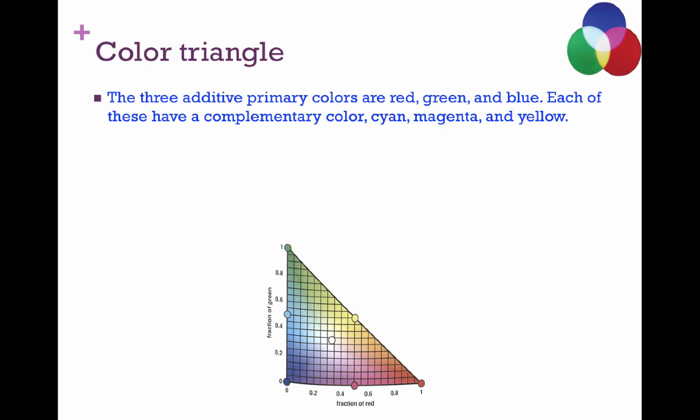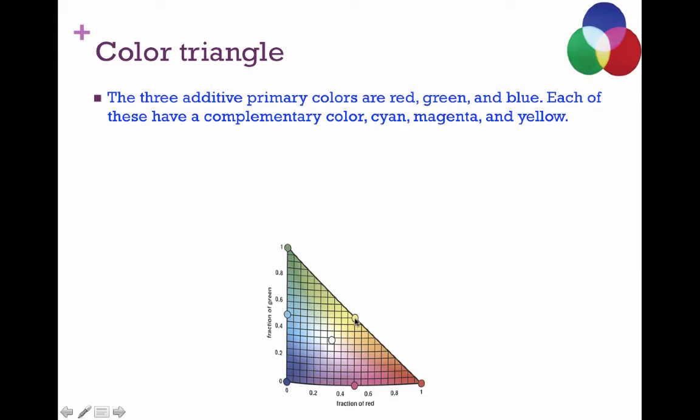Right, so the language we're going to be using primarily to discuss additive color mixing is the color triangle. And we know that the three additive primary colors are red, green, and blue. So the color triangle has red in one corner, green in another corner, and blue in the third corner, and all the colors in between.